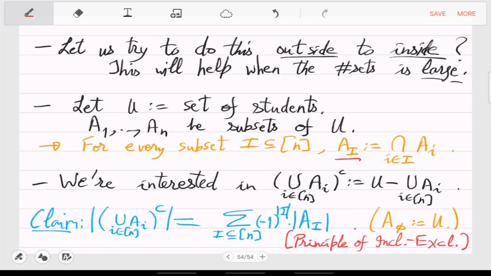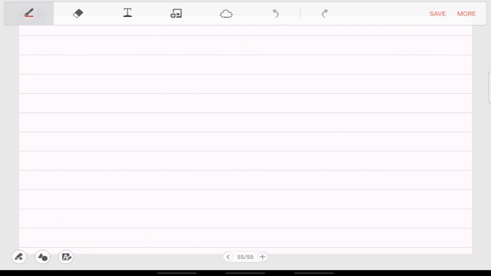Because this sign business is including and excluding. In this order, from the universe, it first excludes, then it includes, and so on. Okay, so let's try to prove this.